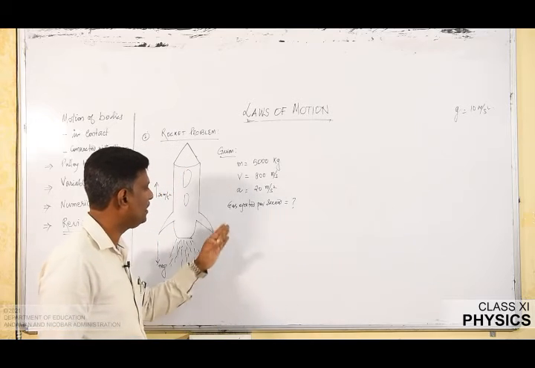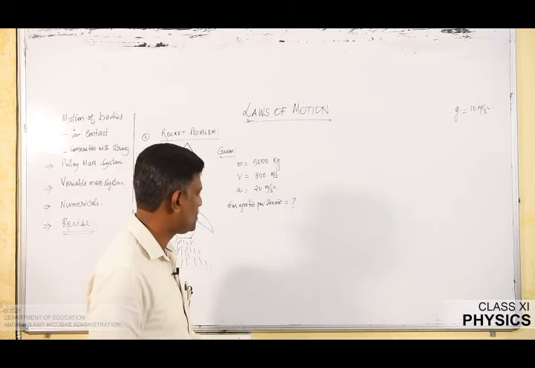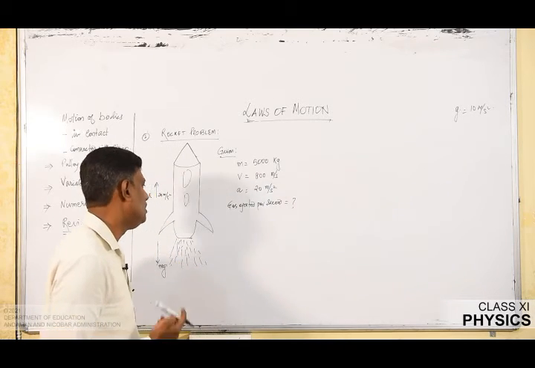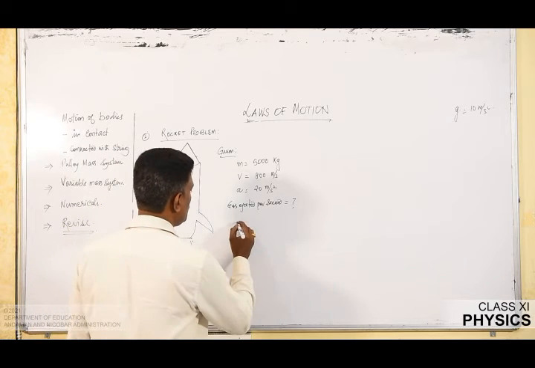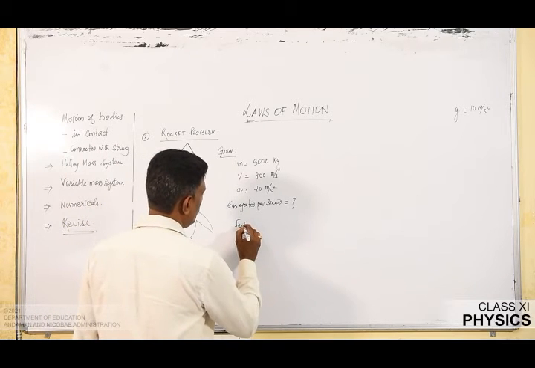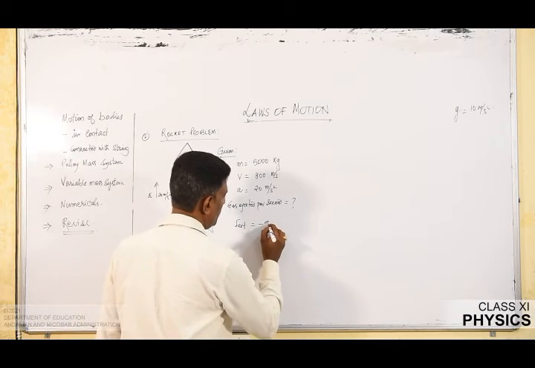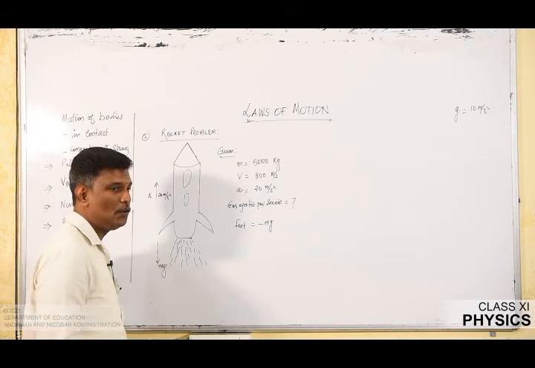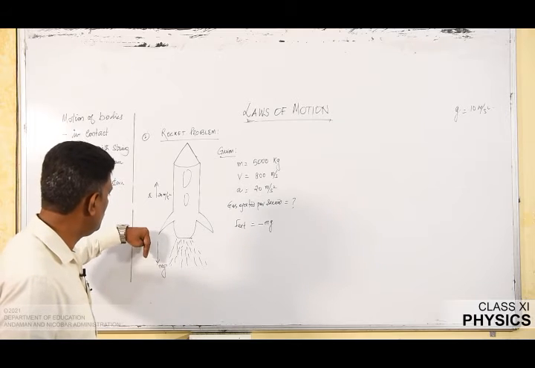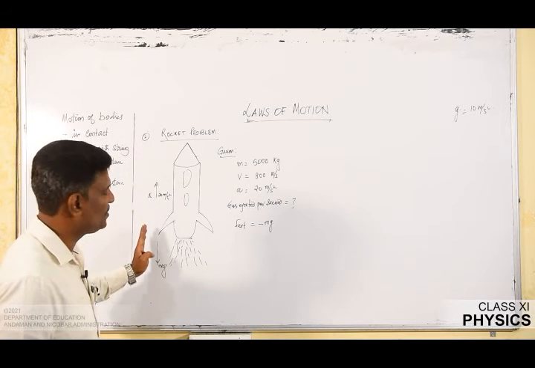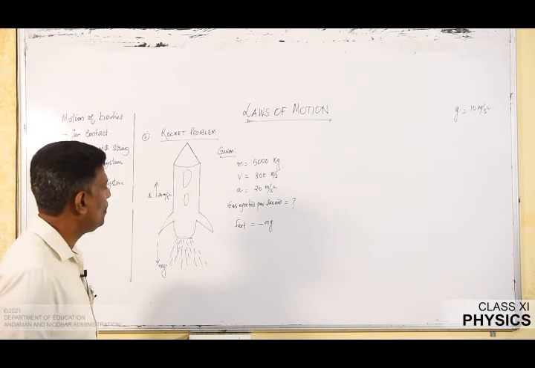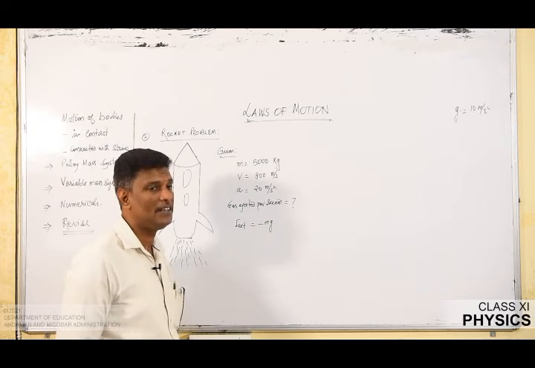What we need to find here is gas ejected per second. In this case, F external is equal to minus mg. Why? Because the direction is opposite, acceleration is opposite to this. So, F external is equal to minus mg.